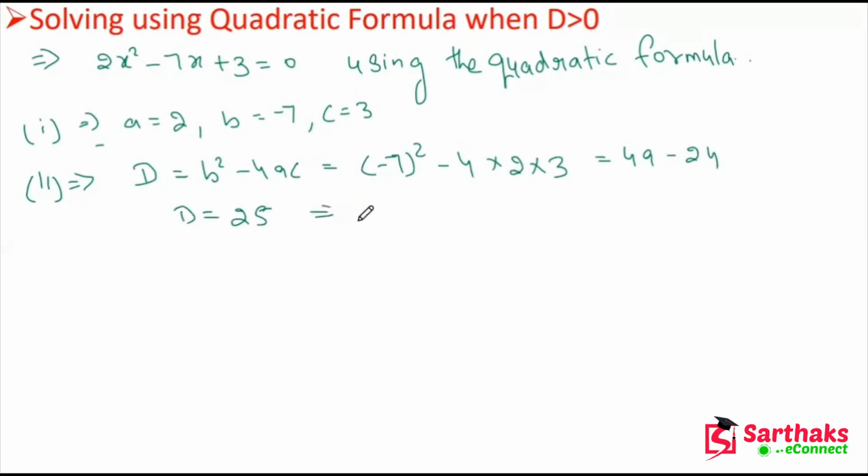Here d is greater than 0, which means this equation has two distinct real roots.